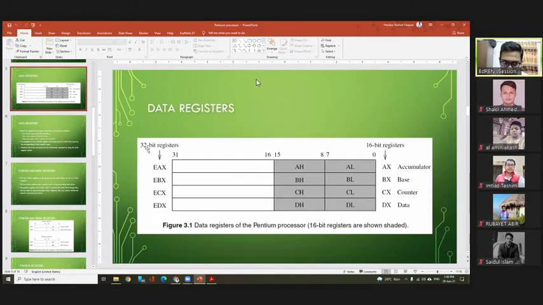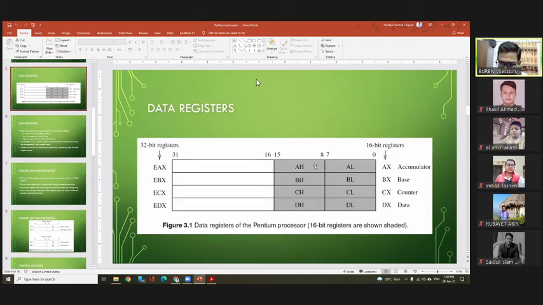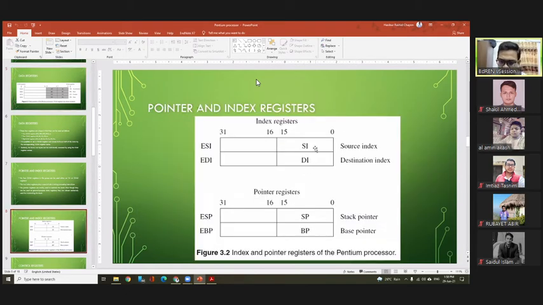Data registers, we have 4. Here we have only 2. In the data register, we can use 8-bit, 8-bit, 16-bit, or 32-bit. Here, we use either 16-bit or 32-bit in total. Those are the differences. The 2 are divided for different purposes. For example, you can store the source index into here.